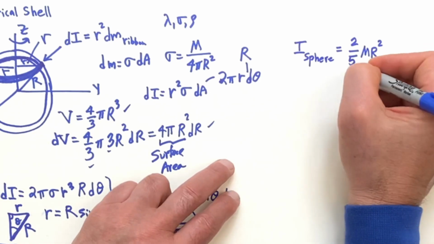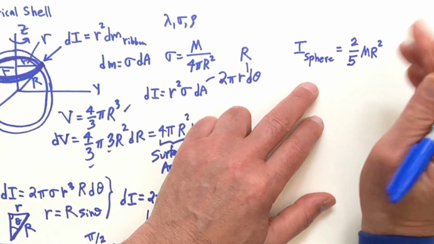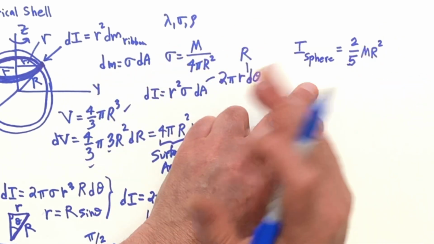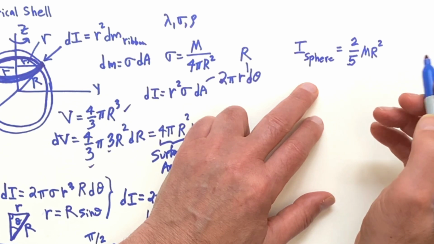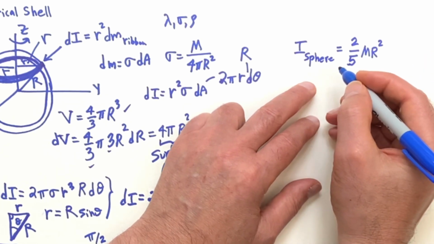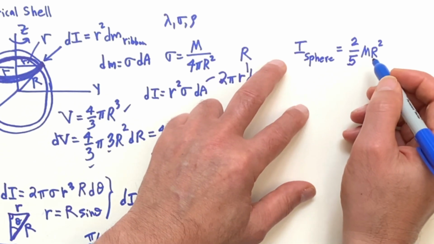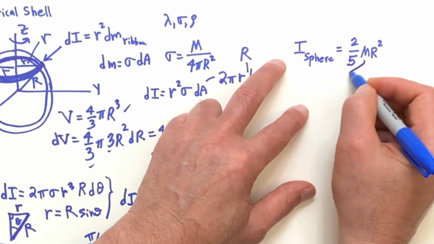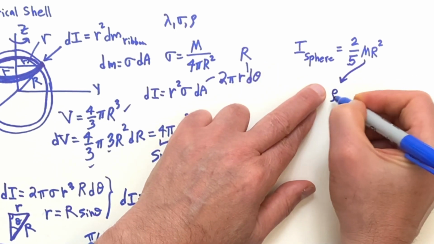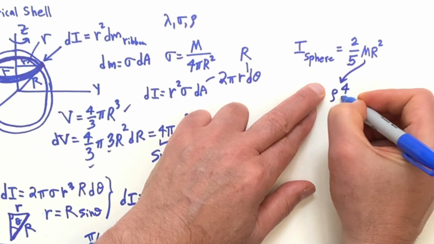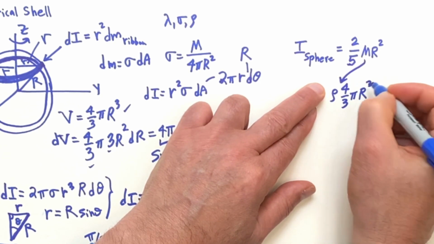But now we have to flush out the R dependence, because there's R dependence in the mass. The density is going to be the same for the shell and the sphere, but the mass is going to be different. So we want to be careful that we flush out all the R dependency. That mass is equal to some volume density times 4/3 pi r cubed.